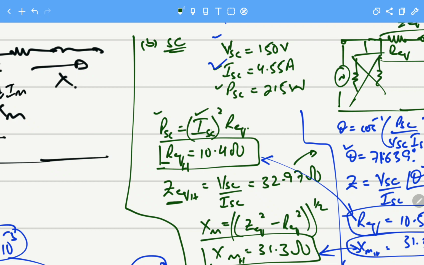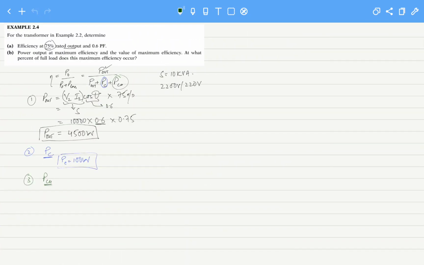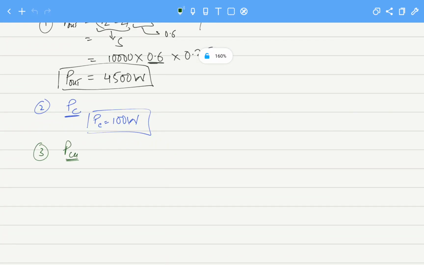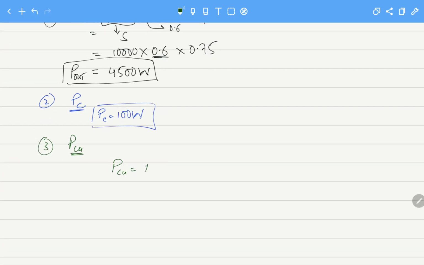So this equation will be written like this for the copper losses, I square into R equivalent, from that equation, I SC square into R equivalent.